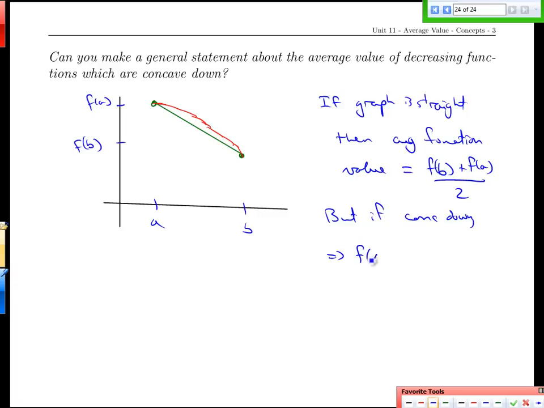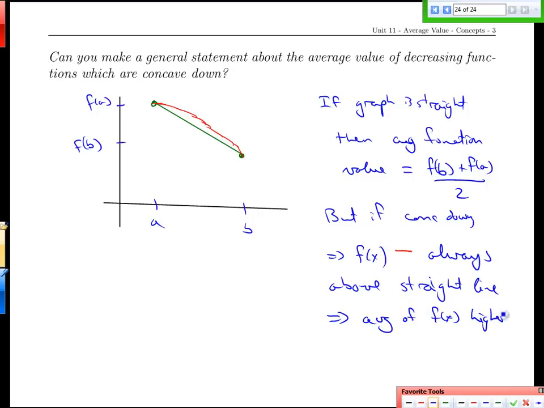Then the f of x, which is our red line here, is always above the straight line, and if it's always above, then the average of f of x is higher than the straight line average. And so we get a value above that halfway point, the f of b, f of a average point.